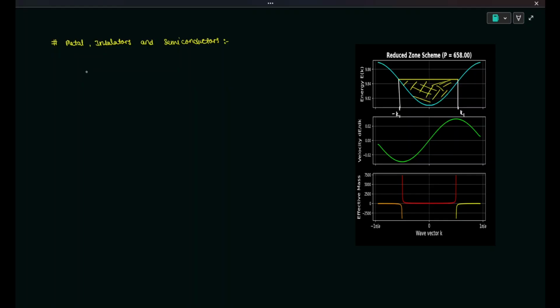Now we want to know how many electrons are there in between these two limits of the k vector. So that is N effective. This N effective represents the number of free electrons present in the band. This is the number of electrons which will be responsible for the conductivity.